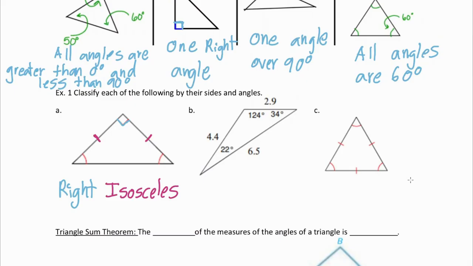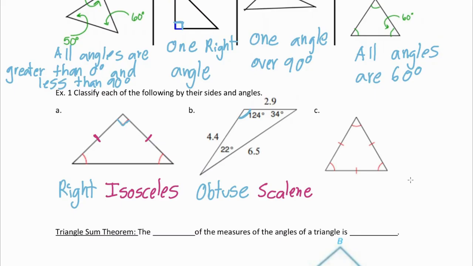What do we think the second one is? So this one has one angle that is obtuse, so this would be considered an obtuse triangle. And then it has no sides that are congruent, so this would be considered scalene. And what about the third one?